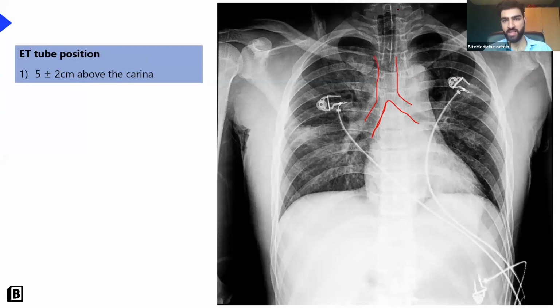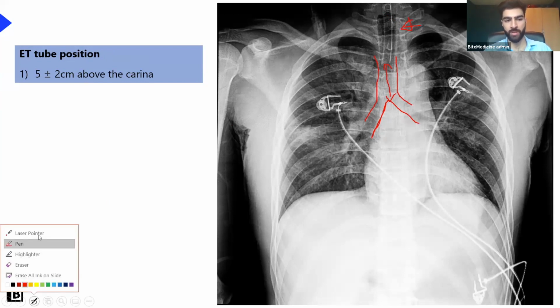So this is the endotracheal tube here. Hopefully you can make that out. It's this tube here, and if you look at the tip of the endotracheal tube, the distance between the tip and the carina should be 5 ± 2 centimeters. If it's too low or too high, it needs to be repositioned.